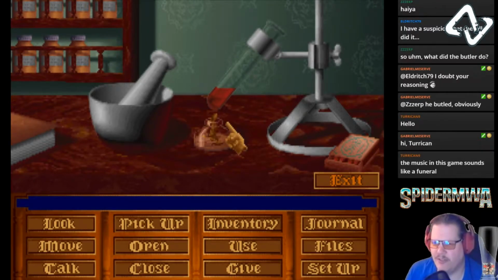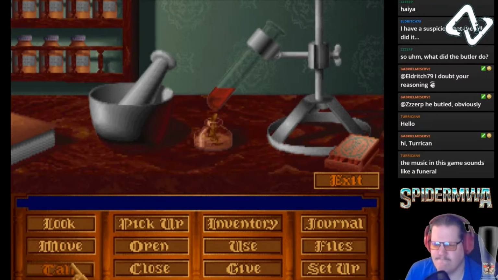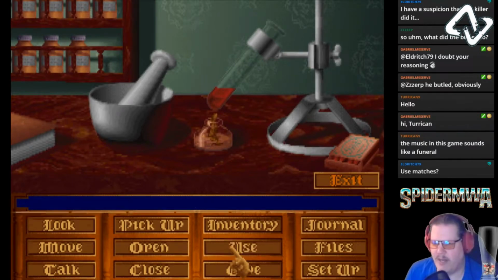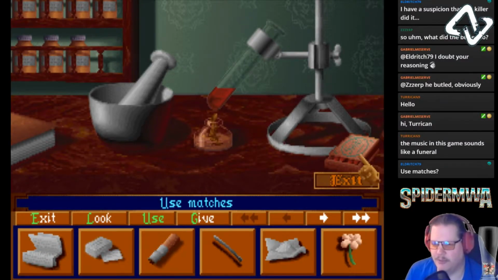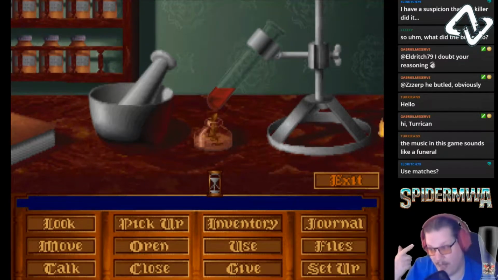So how do I turn the freaking thing on? Whenever I push use, oh, it opens the inventory, but I just used them. Right. Okay. I'm a dummy.